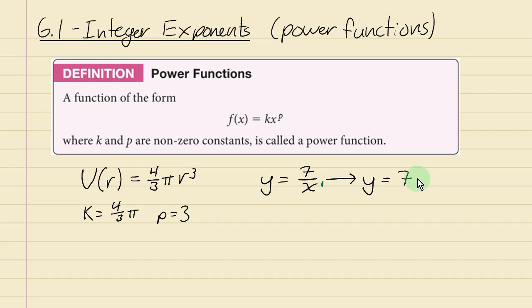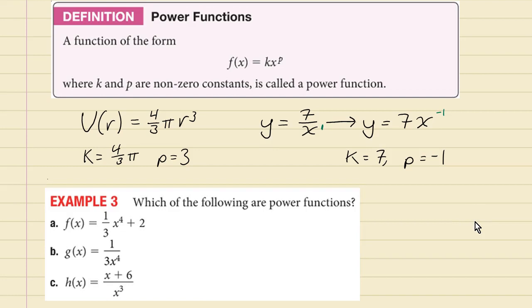If you write that in the numerator and turn it into x to the power -1, because remember x to the -1 is the same as 1 over x, then it's a power function, and you can see that the k is 7 and the power p is -1.